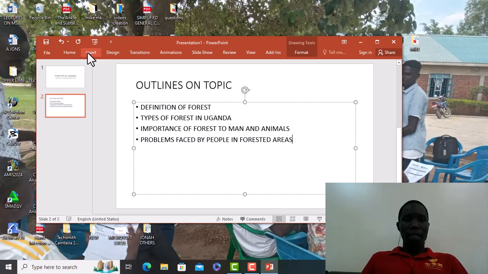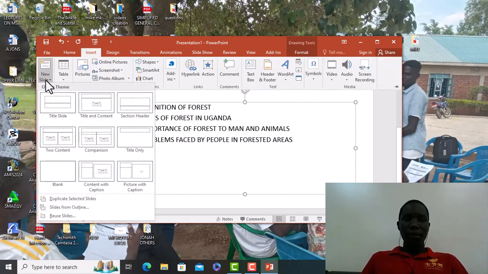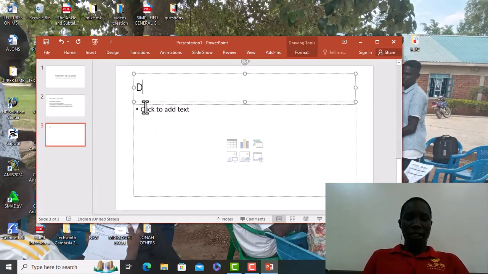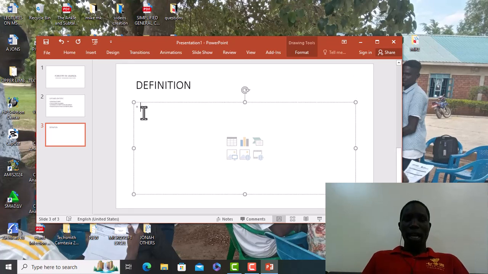So let's insert another slide. We need to have title and content. So here we have definition. Under forest, what you need to know, first of all, we know that forest is a group.